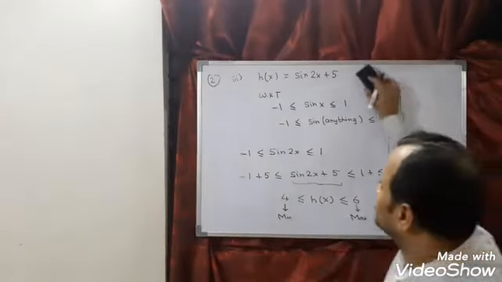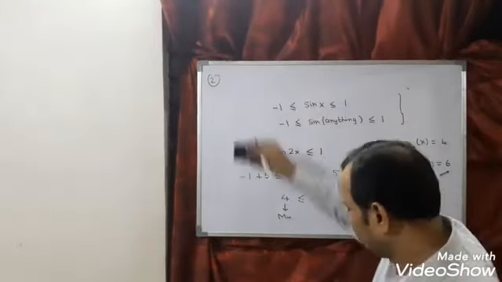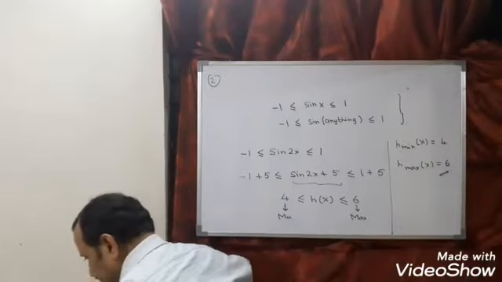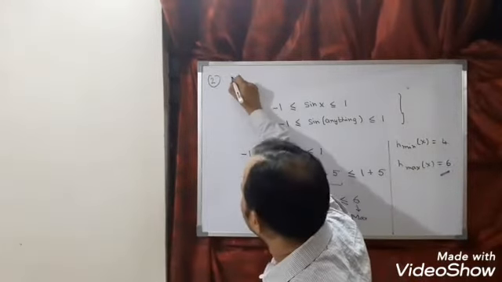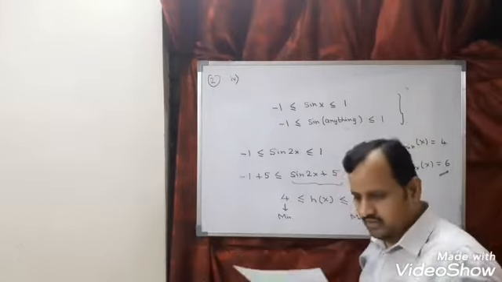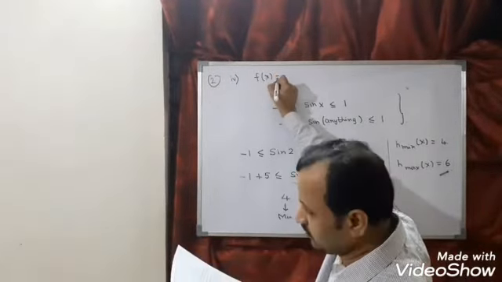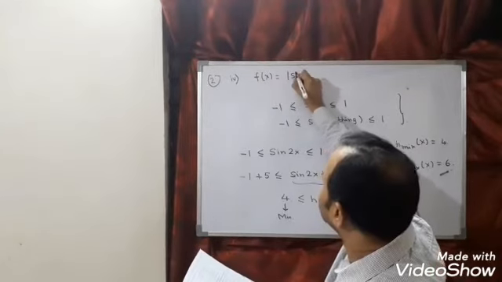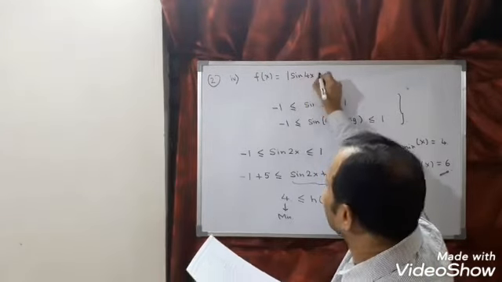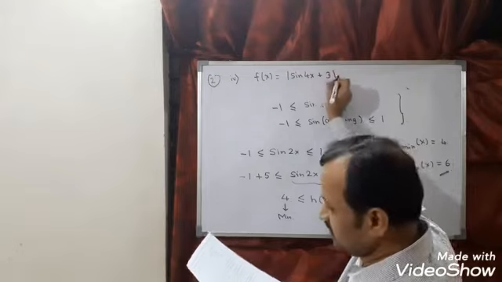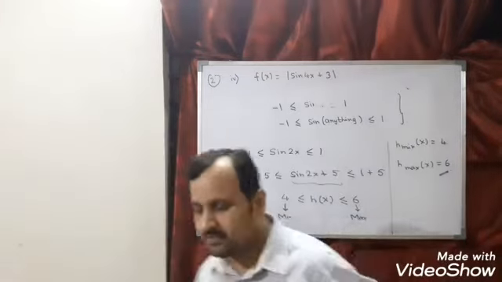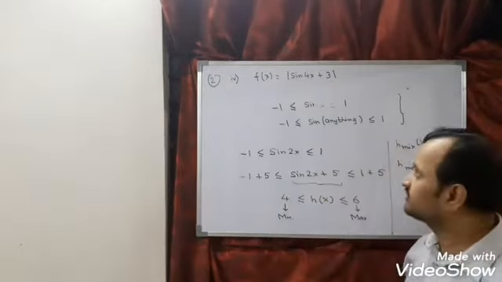I think the solution is clear. Let us see one more question. I think the next question is similar to this. Bit number 4. The question is f of x is equal to mod of sin 4x plus 3. We have to find the minimum and maximum value of this.